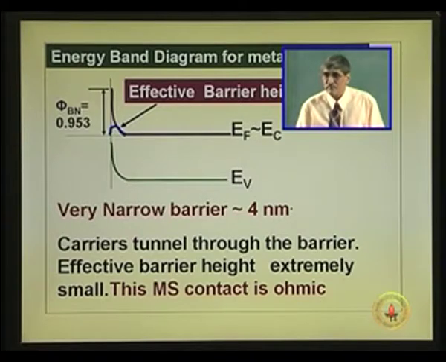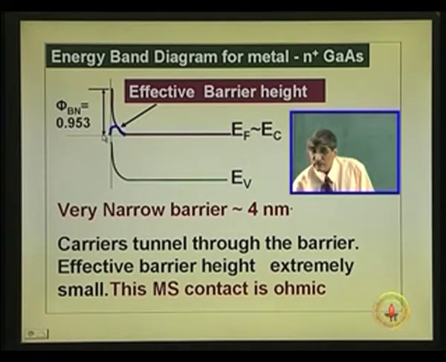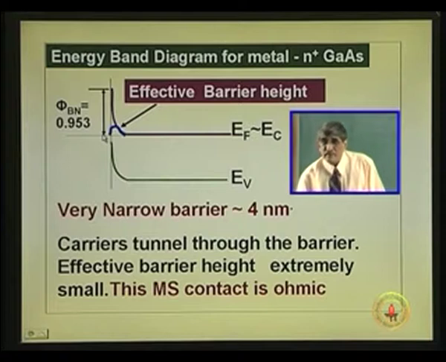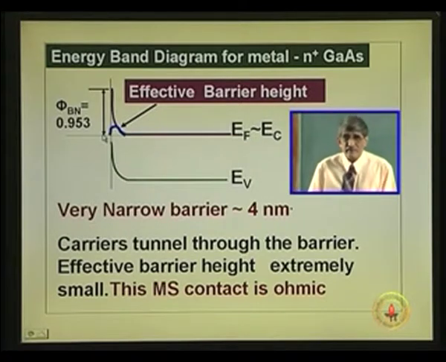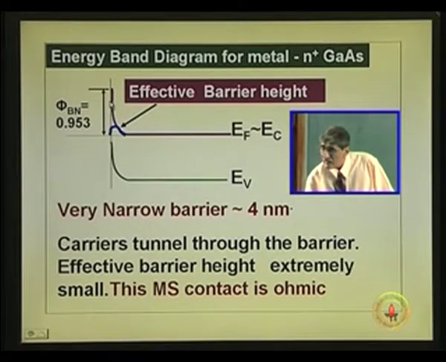That is the diagram now. So, the depletion layer you see is decided by that variation. Potentially still 0.953, that phi b n, which you see. So, apparently it looks as if the barrier height is 0.953, okay. But now what is happening is, the total width here, maximum width is actually 4 nanometers, that width, that is what we have calculated.